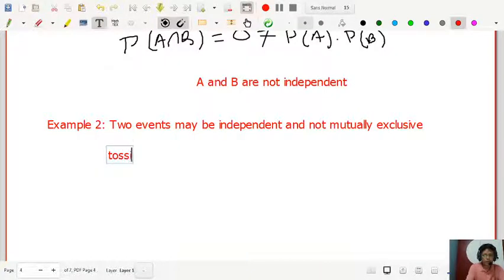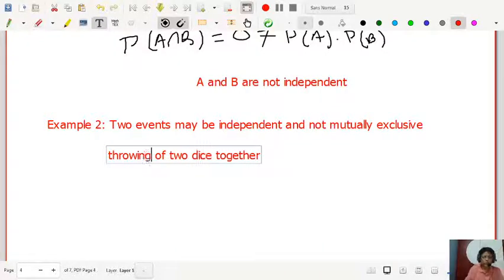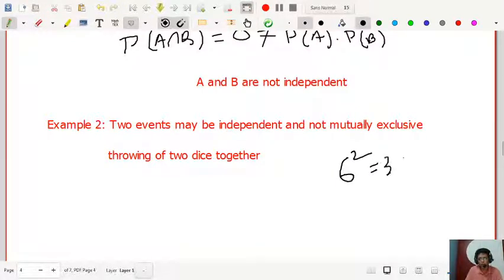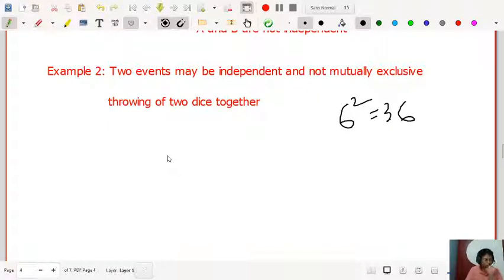Tossing or throwing, that word can be used. So the event space consists of 36 event points, 6 square equals 36, because you are throwing two dice.